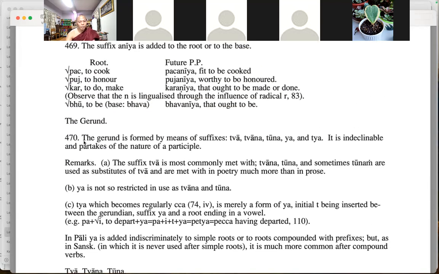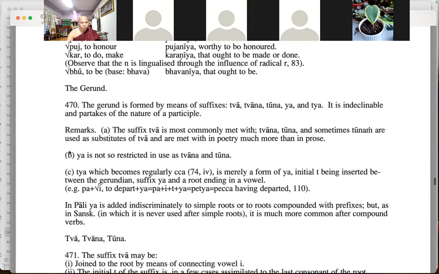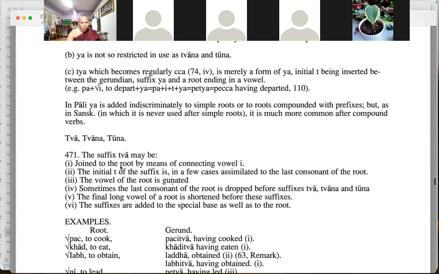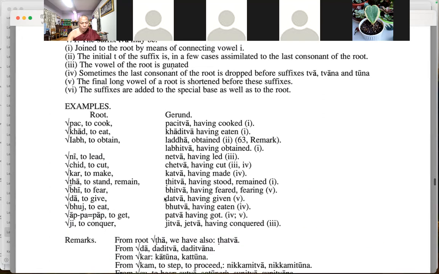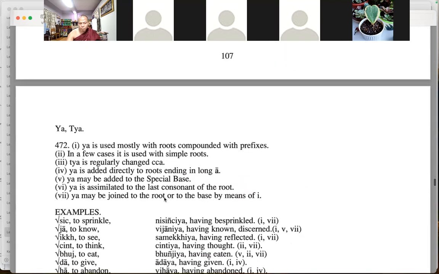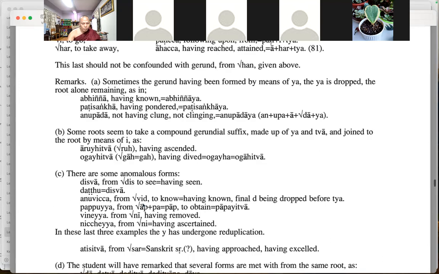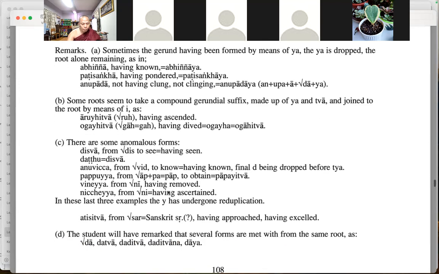In this gerund, the usage of that: the gerund is formed by the subject mostly confirmed. It is joined to the root by means of that one, and it is inserted. The usage of that has some normals.